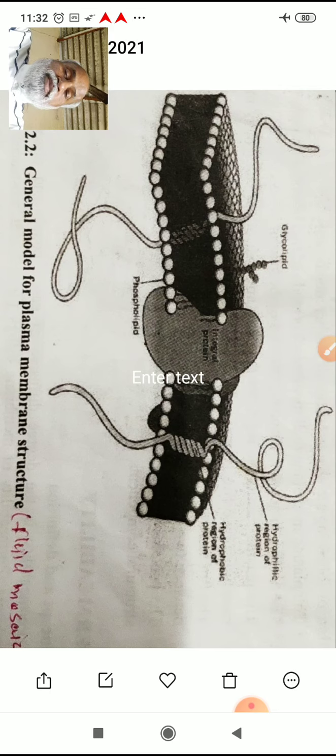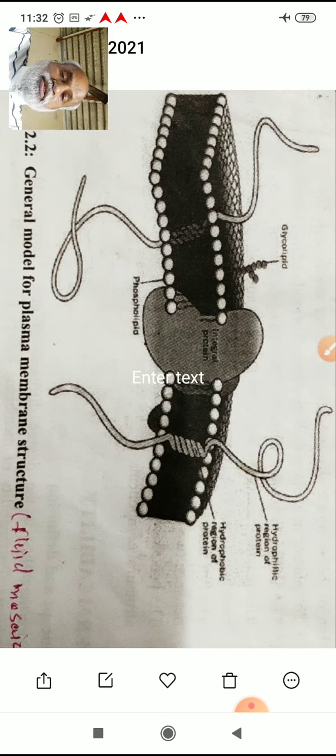This nature of plasma membrane has an important role, and how plasma membrane is structured, what it is made up of, and the details we will try to understand during this discussion.